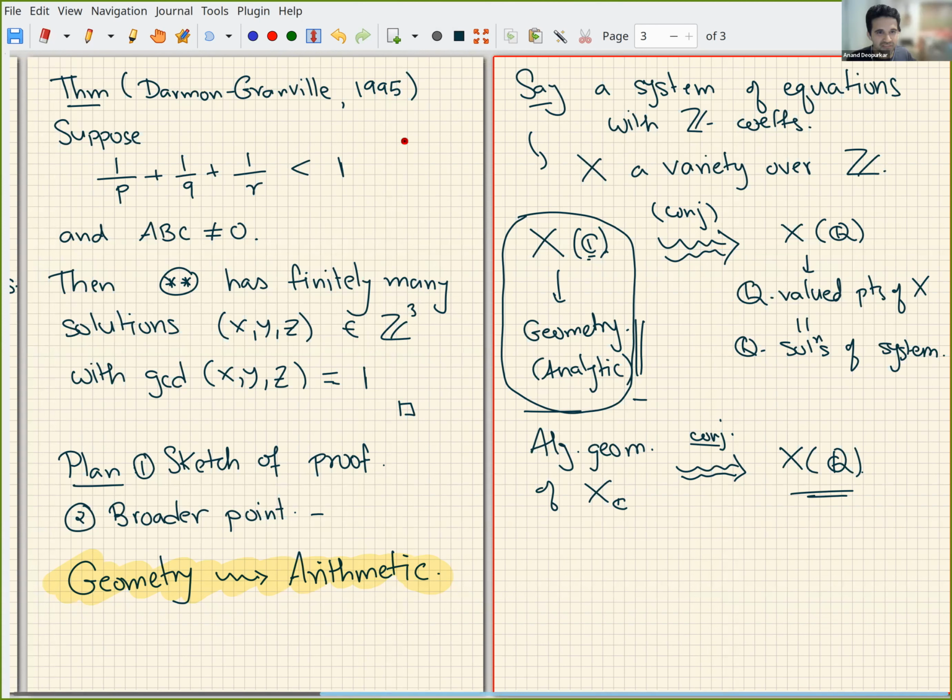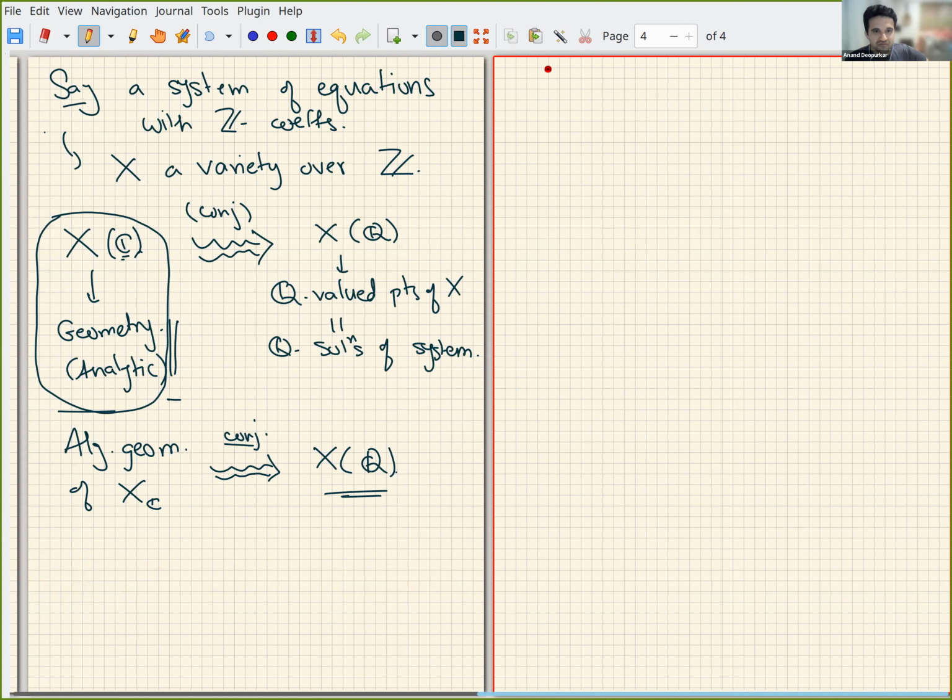I'm going to repeat some of what I said, so if you miss something, it's fine. So let me explain this slogan, conjectural slogan, that geometry dictates arithmetic.